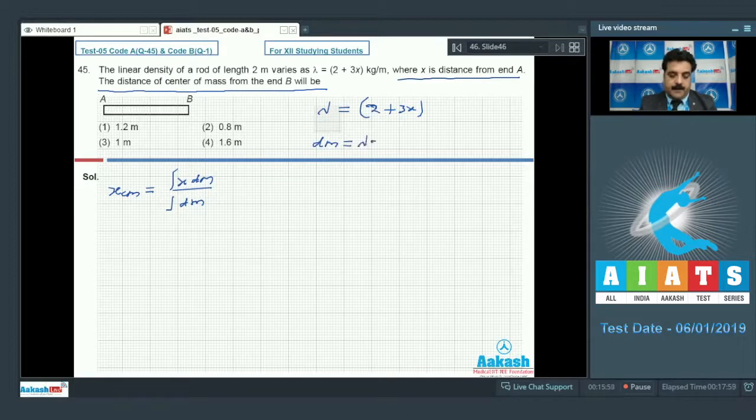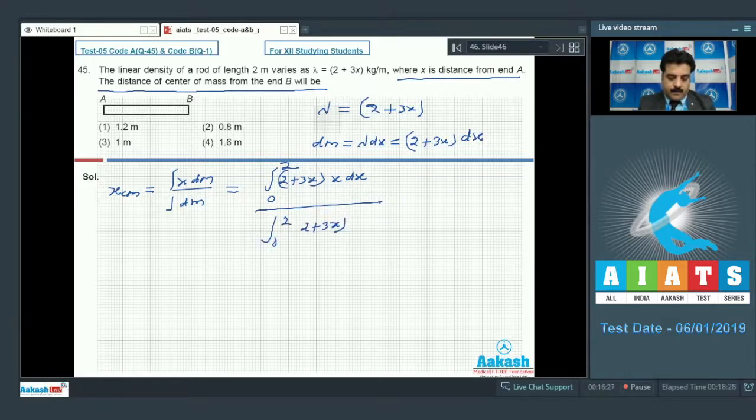dm means lambda into dx, you know very well because the linear mass density is given, and that is 2 plus 3x into dx. So when I put it in, 2 plus 3x into x dx, limits are 0 up to 2 because the length of the rod was 2 meter, and divide by 0 up to 2, 2 plus 3x into dx.